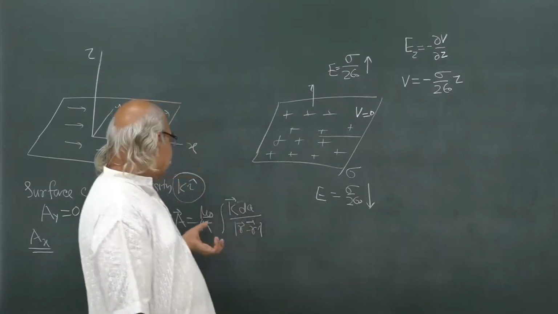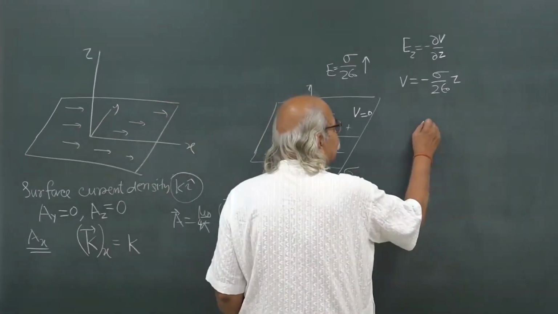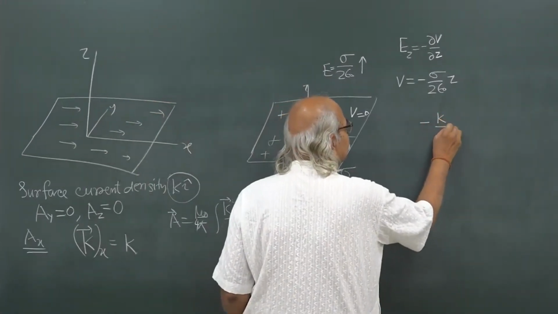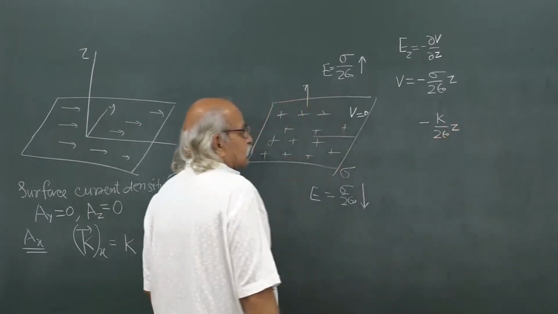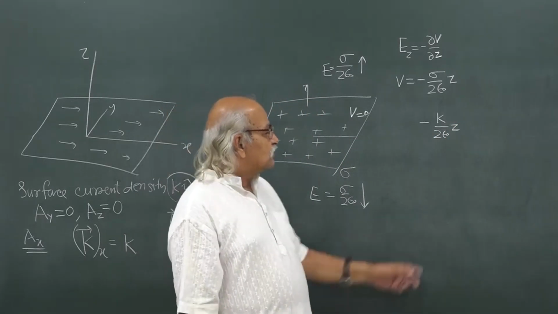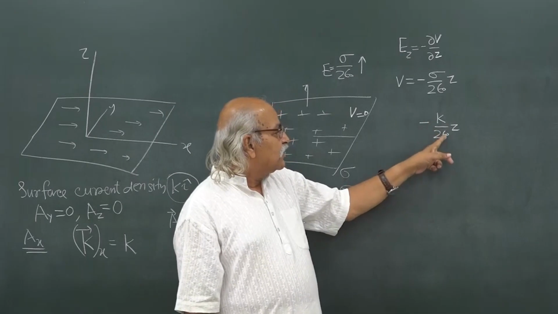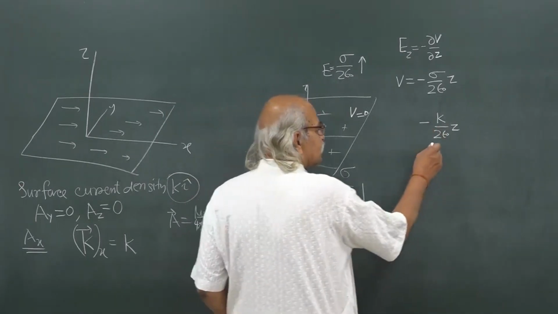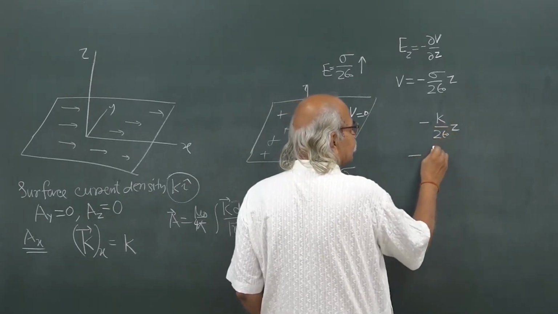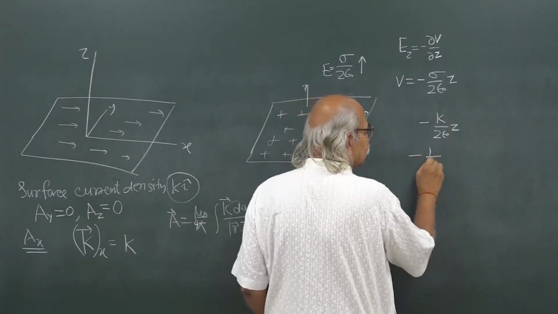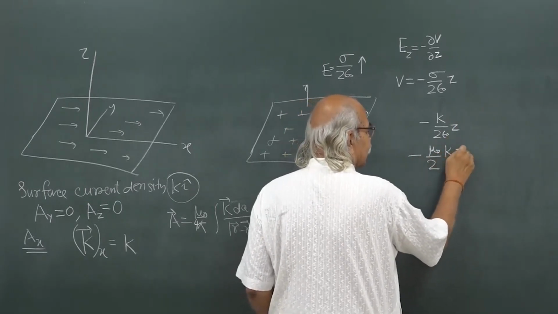If you take this k as the surface charge density, then this expression is minus k by 2 epsilon naught times z. You only have to replace this 1 by epsilon naught by mu naught, and you write now it is minus 1 by 2, mu naught, k and z.